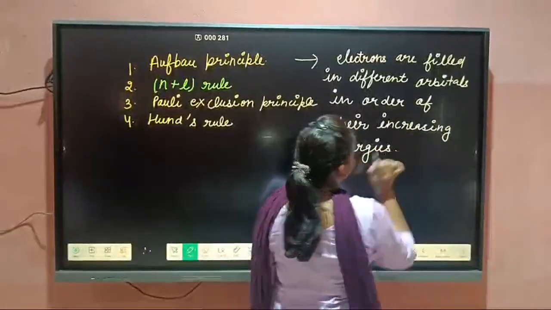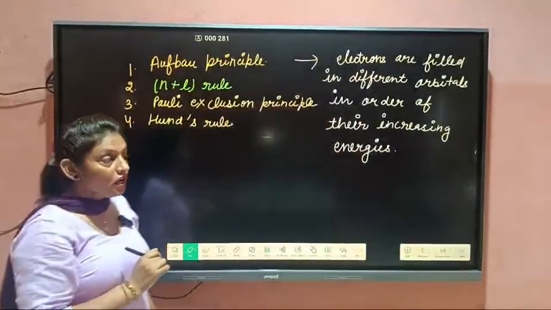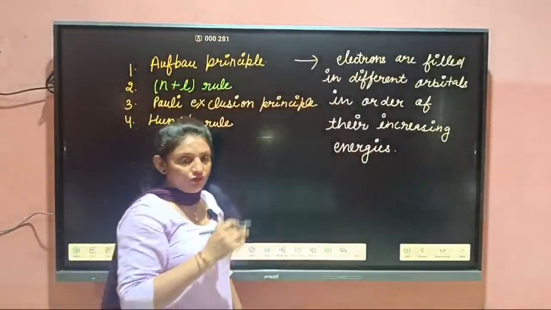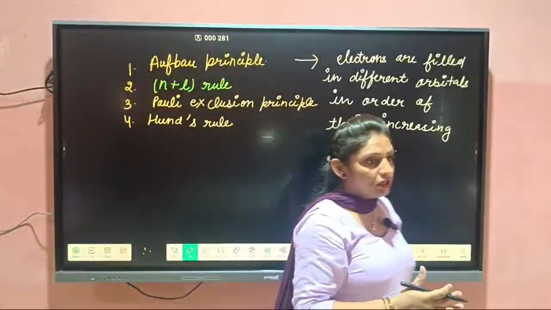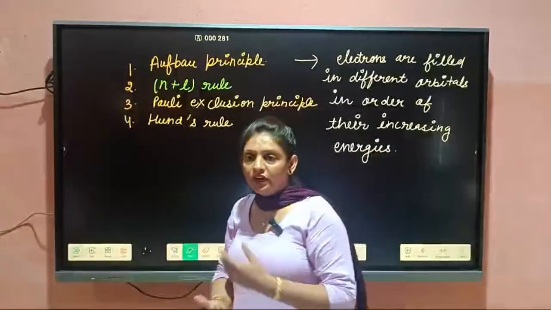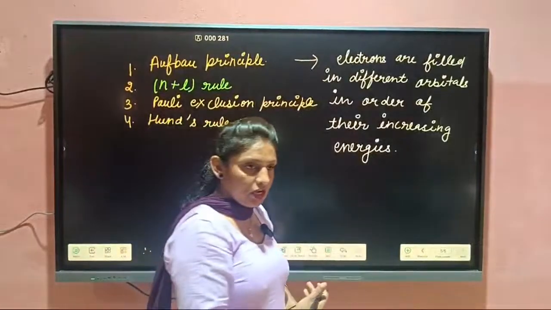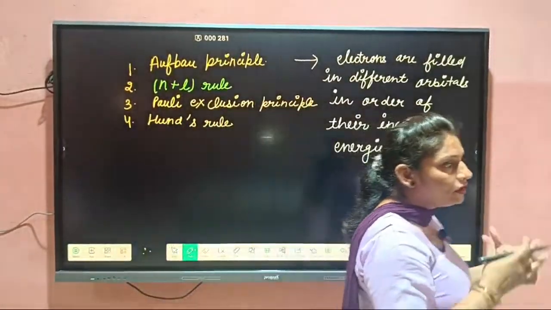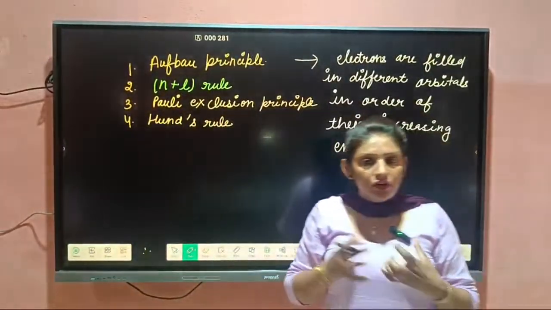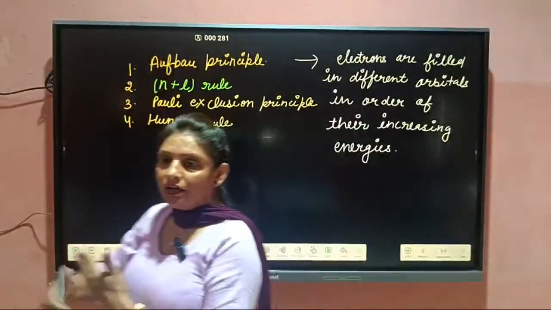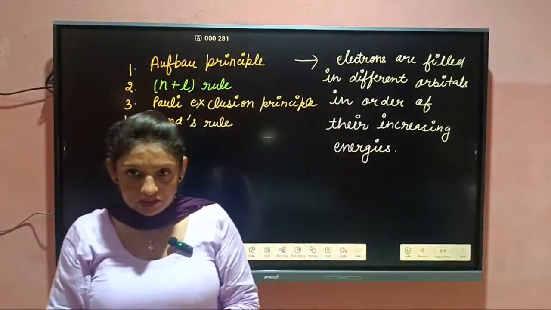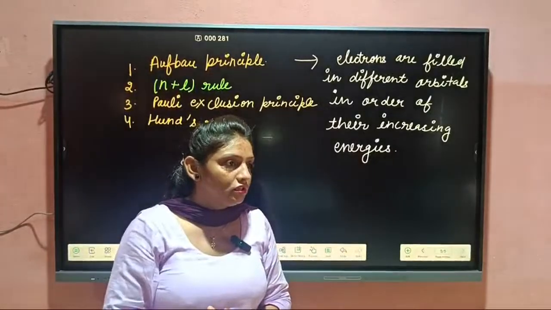What do you mean by this? It means, first of all, we will fill electrons in the orbital which has lower energy. After filling the orbitals of lower energy, we will move to higher energy orbitals. Is it clear to you or not?